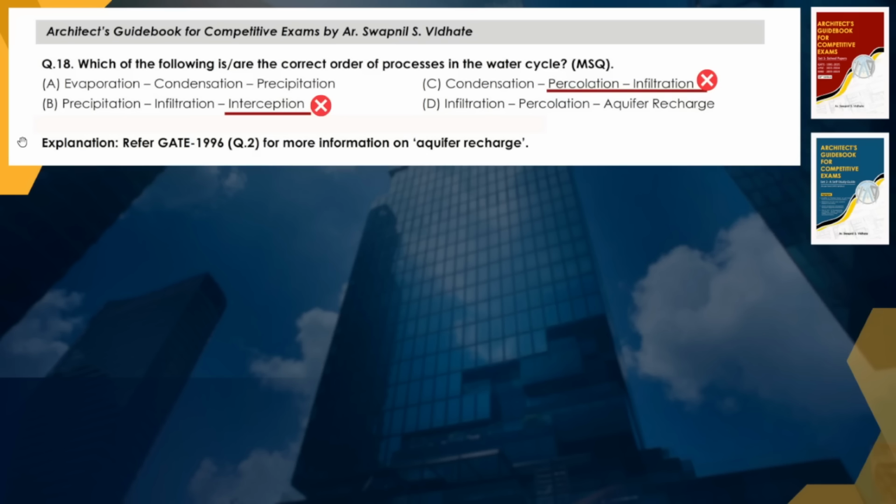Option D is infiltration, then percolation, and then aquifer recharge. Yes, option D is also the correct one. You can open this GATE 1996 question 2, in which the question related to the aquifer recharge was asked previously. So option A and D will be the correct answer for this question 18, which was the multiple select question.